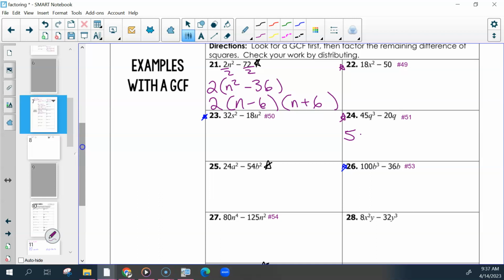Yes. 1q. So if I'm dividing both of these by 5q, what would be left? Then, can we do difference of squares on this inside piece? They're both perfect squares. All of them are perfect squares.